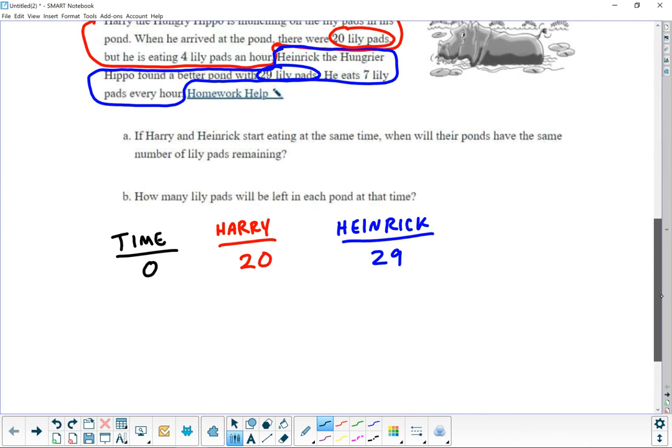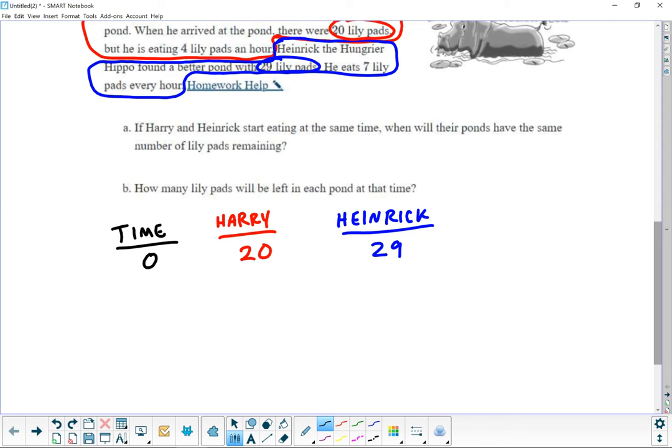But Harry eats 4, so that means that we're going to subtract 4. So to get to the next one, we're going to minus 4. So 20 minus 4 gives us 16. So at the 1 hour mark, Harry has eaten 4.